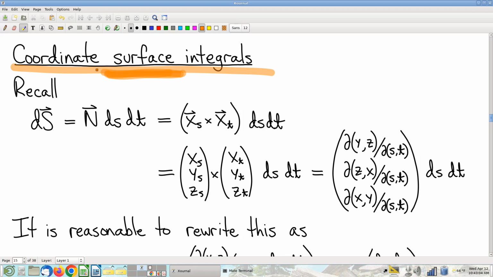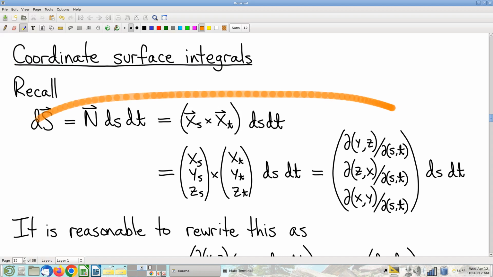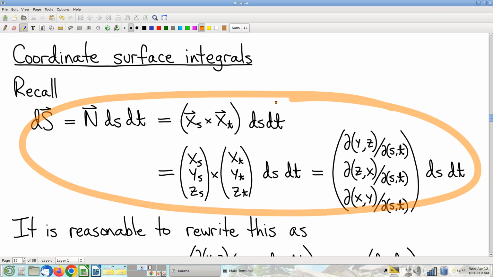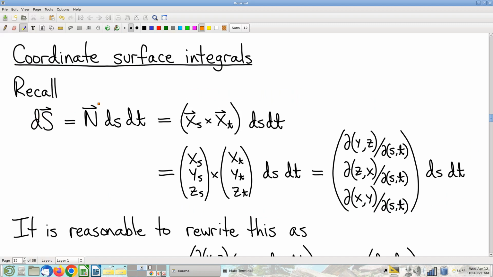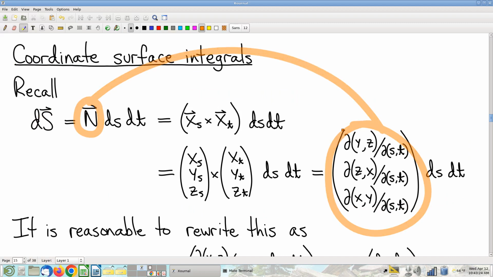We don't have time to cover some of the geometry that makes this as intuitive as it could be if we had an entire year in this course instead of only one semester. But anyway, here's what it is. All of this is old news. We've written all this down before, effectively, right? And you may recall I pointed out that this formula for the capital N vector has some really cool geometry behind it, and this is what we don't have time to talk about. And that makes me sad.